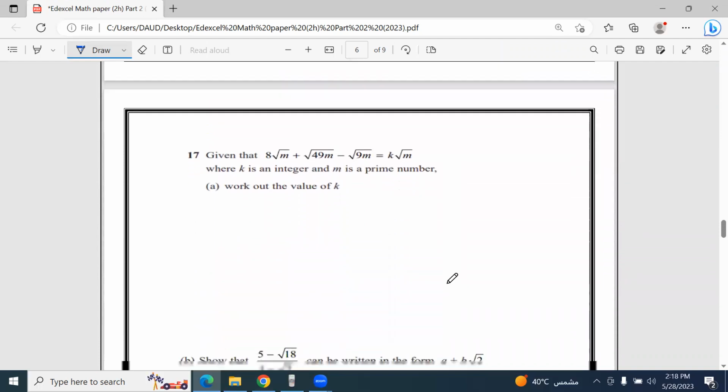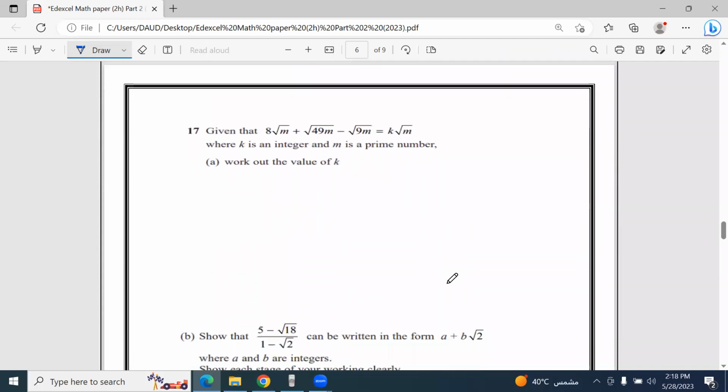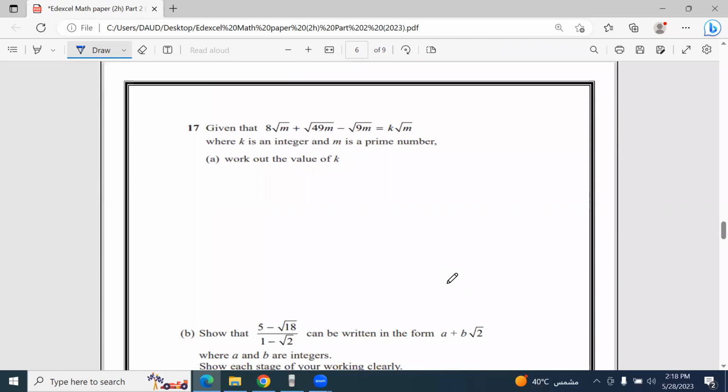Next, question number 17. Given that 8 square root of m plus square root of 49m minus square root of 9m is equal to k square root of m, work out the value of k. We will solve it together. 49 is a square number, so we can bring it out: 7 square root of m.